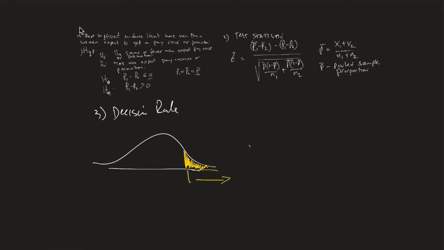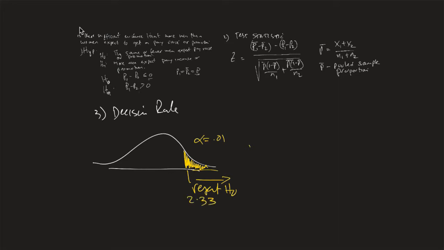System is getting slow. We will reject H0 right here. So this is alpha. The question is asking us for 1%, 0.01, and that is actually still 2.33.